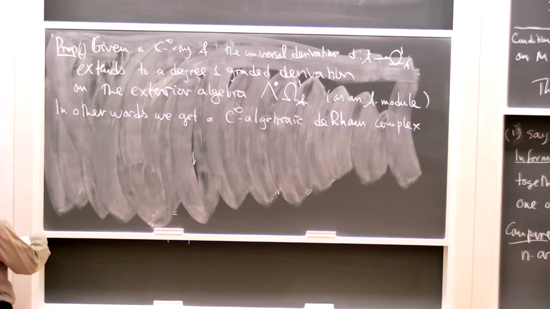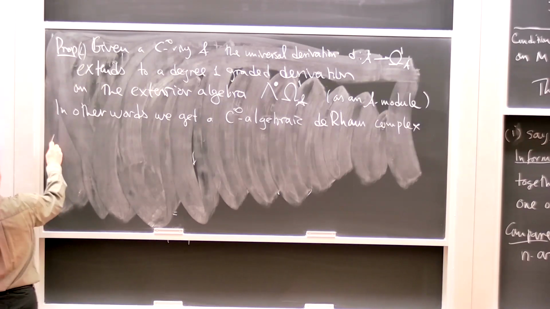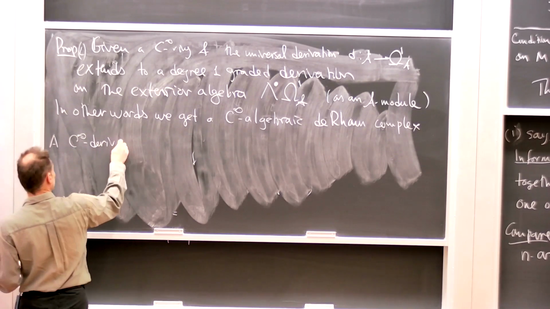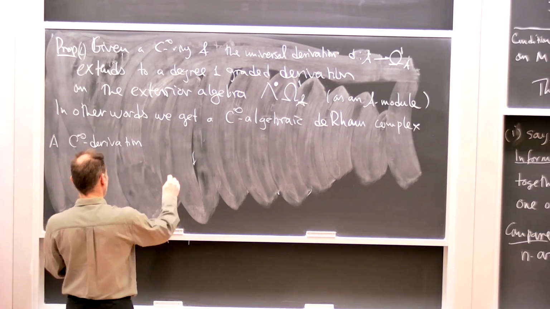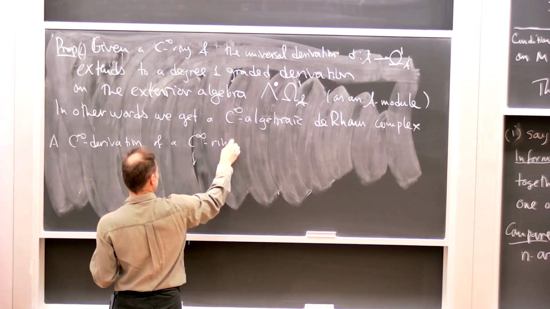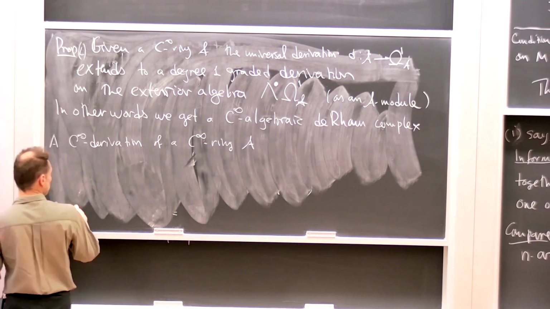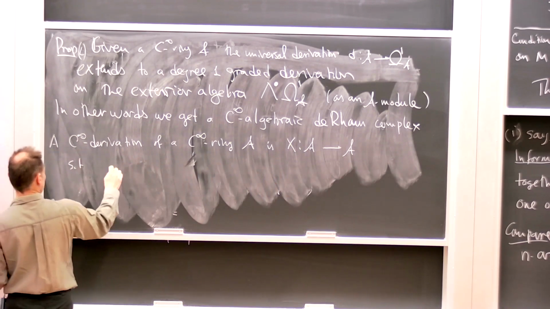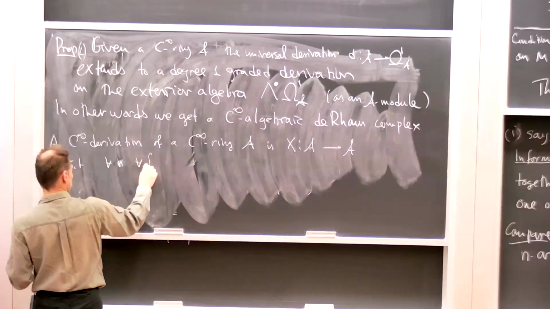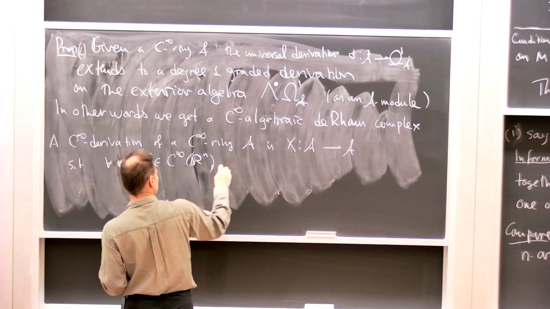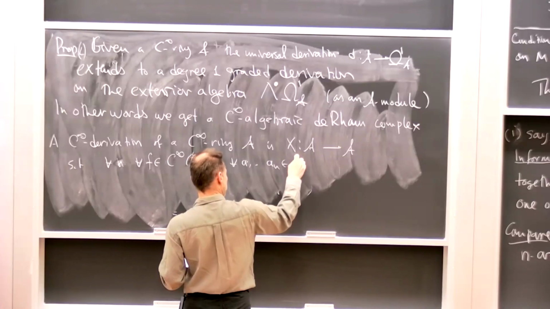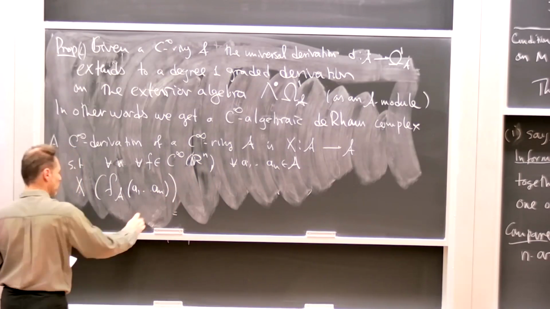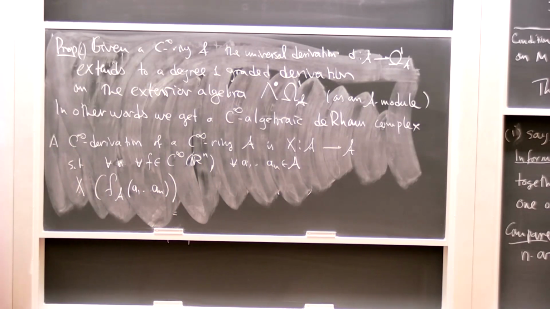Right, so I mentioned the C infinity derivations, so maybe I'll give a definition. My notes tell me to give you the definition. A derivation of a C infinity ring A is a map from A to A such that for any n, for any smooth function f, and for any n elements x in A, remember we have an operation corresponding to f, and the condition you write down is this one.